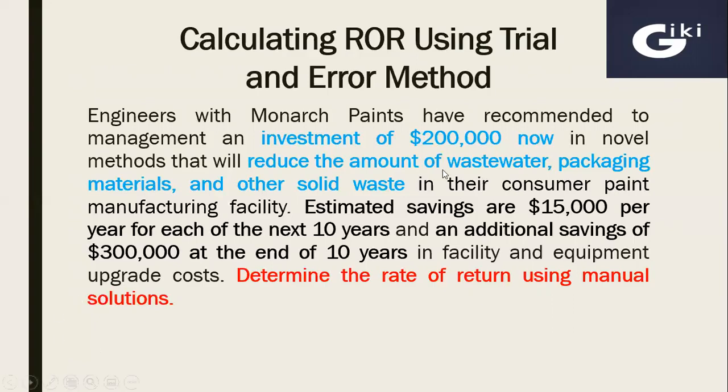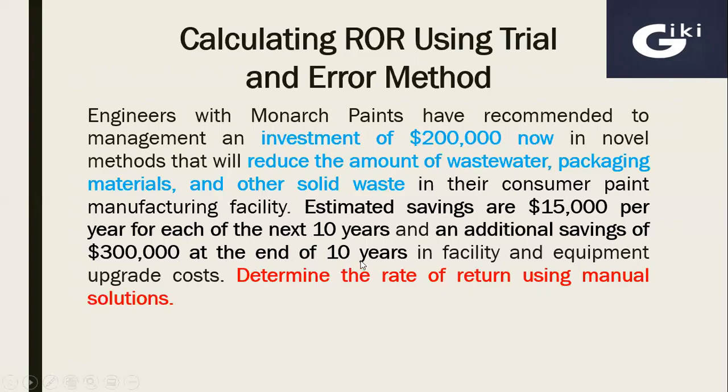So if we see, initial investment is $200,000 at time zero. This can be considered as an outflow because this is an investment. Estimated savings are $15,000 per year, so these can be considered as inflows, $15,000 per year for the coming 10 years, and an additional saving of $300,000 at the end of 10 years.